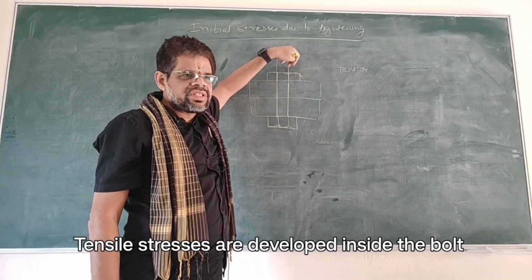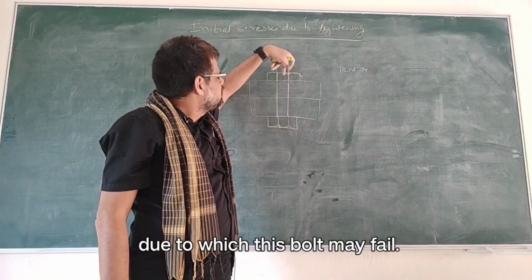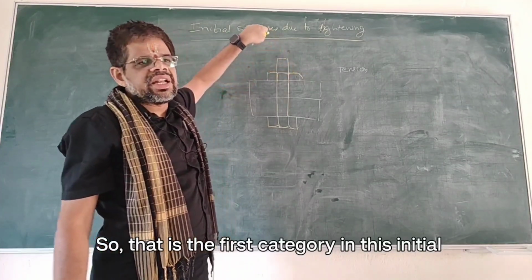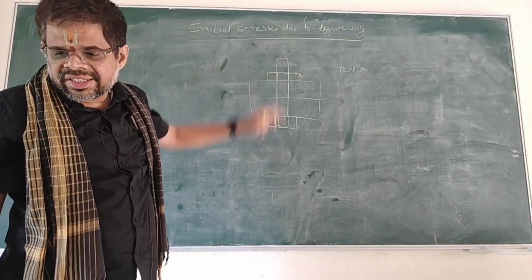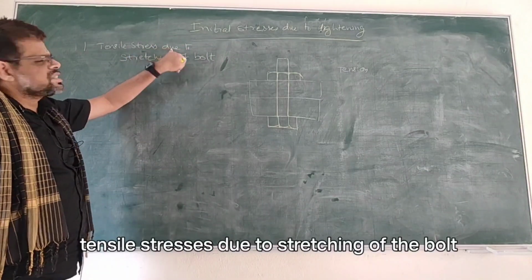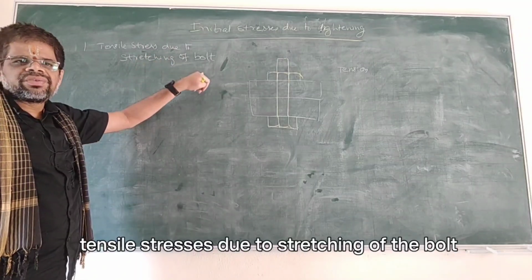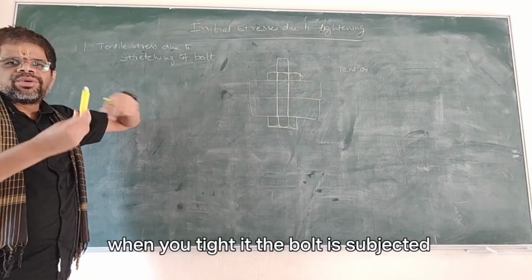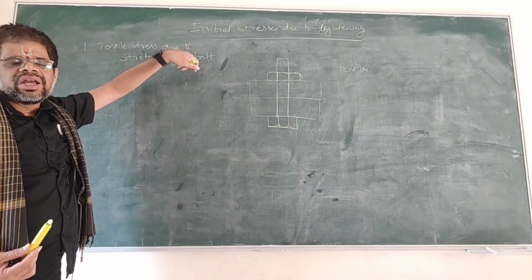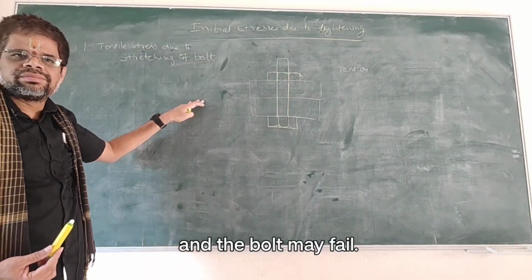Tensile stresses are developed inside the bolt, due to which this bolt may fail. So that is the first category in these initial stresses, tensile stresses due to stretching of the bolt. When you tighten it, the bolt is subjected to tension. So due to that, tensile stresses are developed and the bolt may fail.